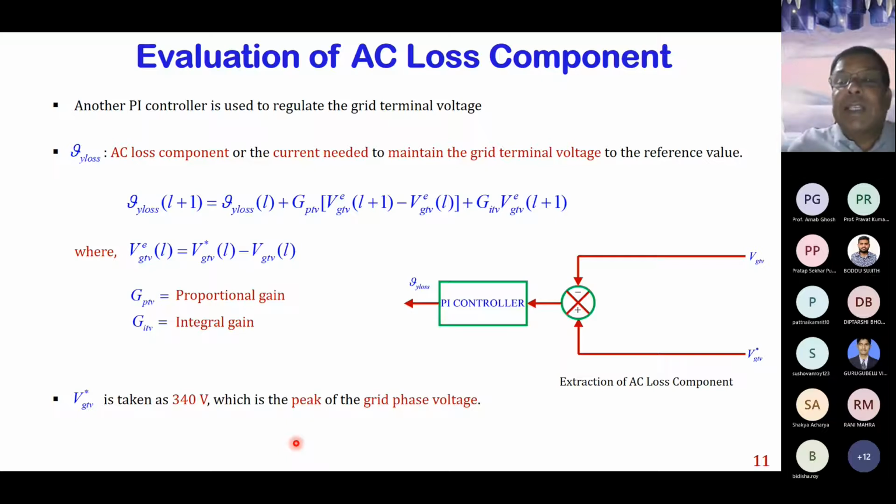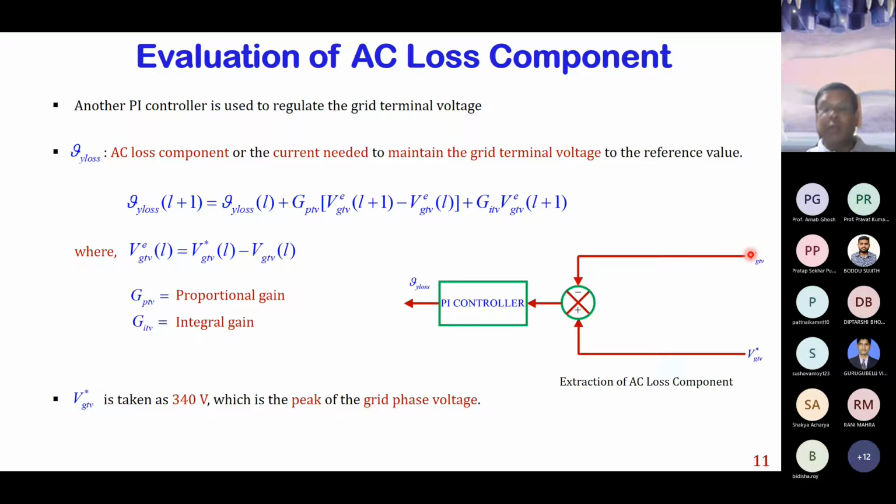We also estimate the AC loss component the same way. As I told you earlier, we have the two voltages, VT and VT star. VT star is the reference voltage, which is taken as 340 volt.